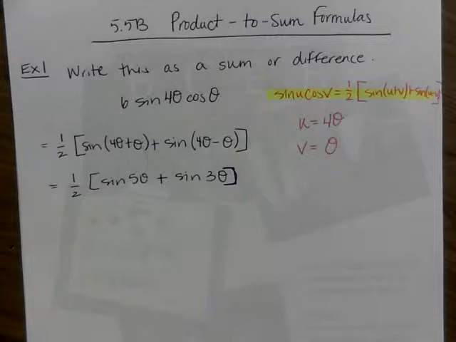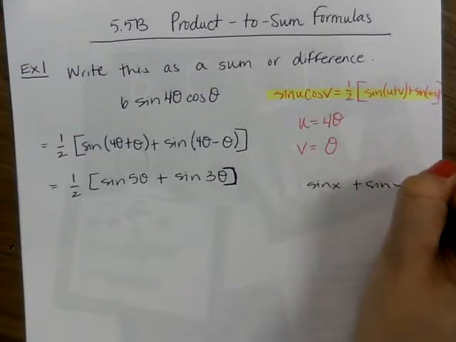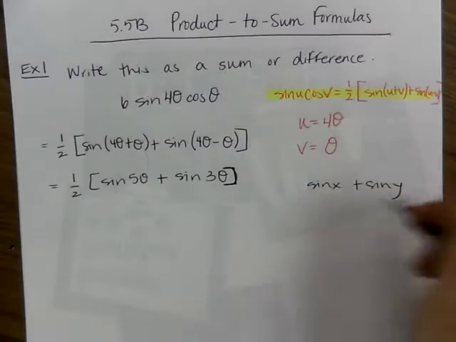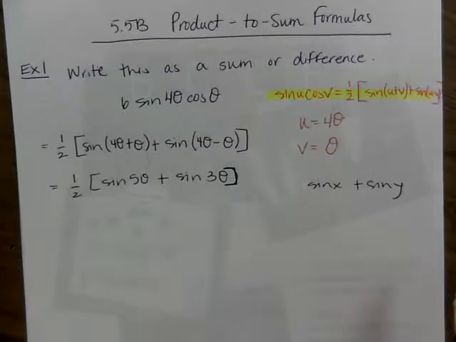Why are they not like terms? It's kind of like saying the sine of x plus the sine of y. Even though they're both in terms of theta, they're not the same value of theta. If they were both 3 theta or 5 theta, then you could combine them into 2 times the sine of that. But otherwise, you cannot.